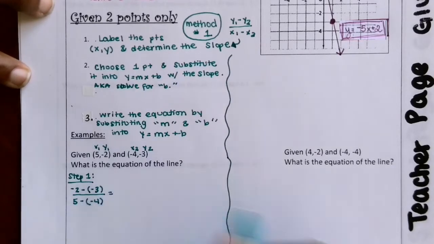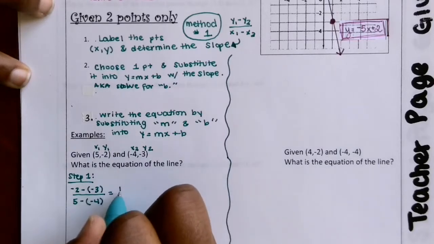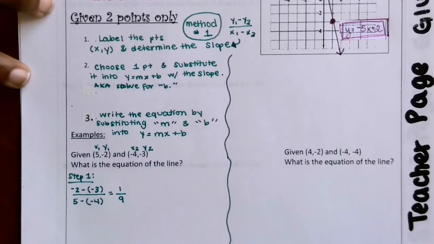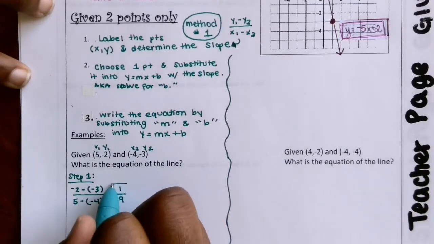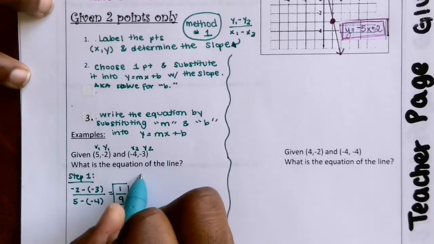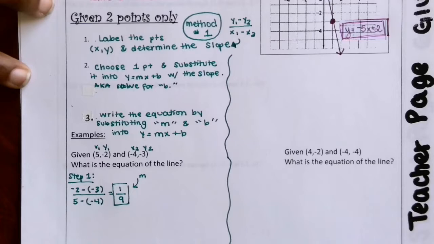I'll then go through and simplify. -2 minus -3 gives me a difference of 1, and 5 minus -4 is 9. So my slope for this line is 1/9, and I'm labeling that as my m.